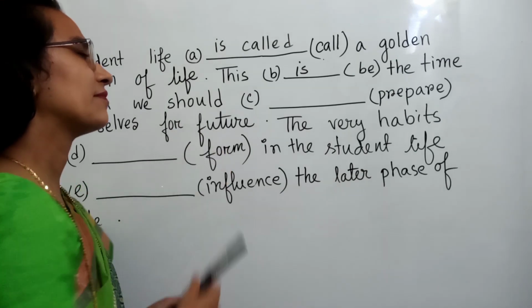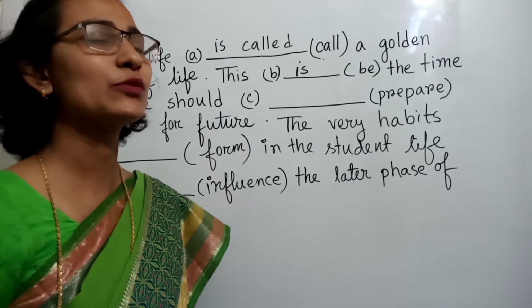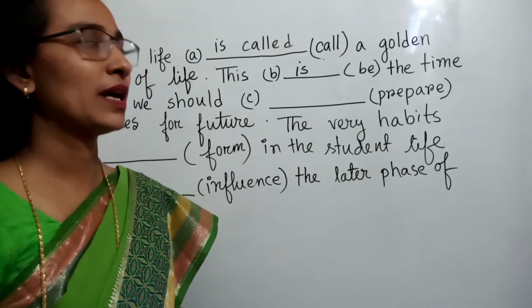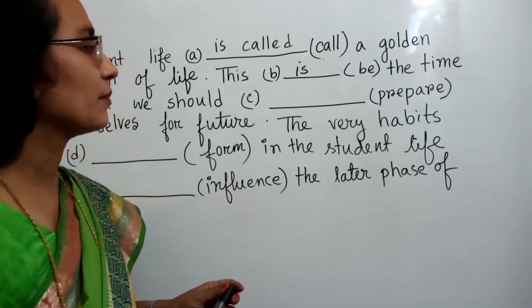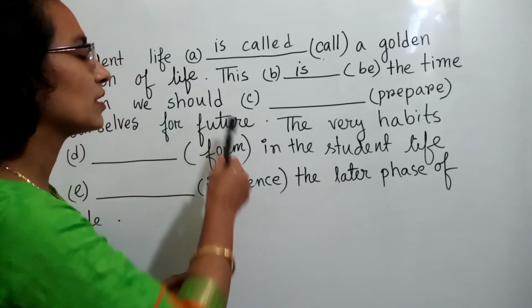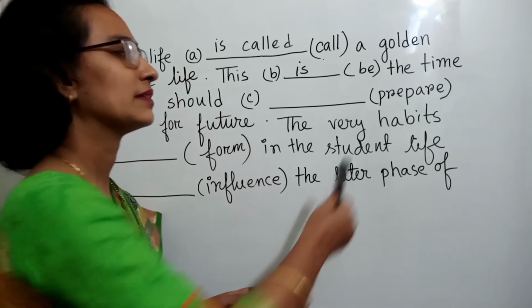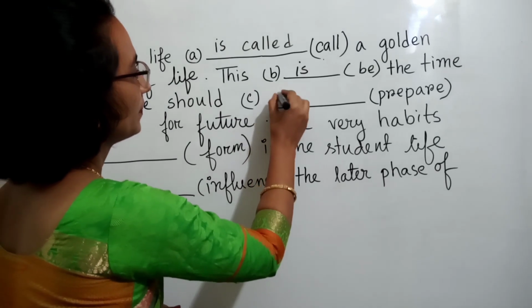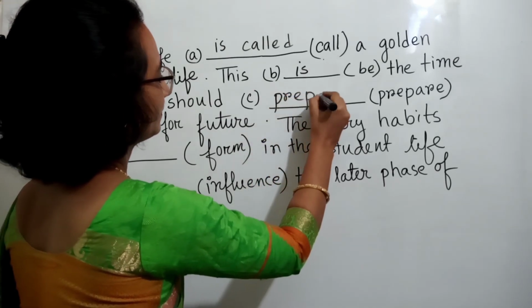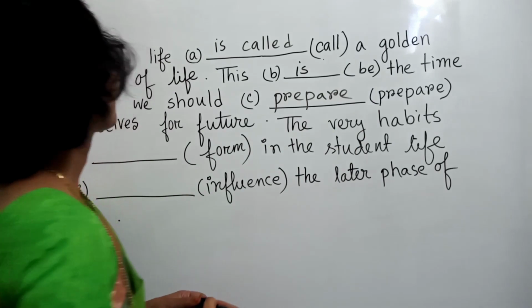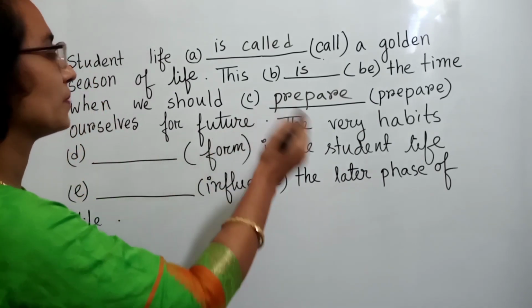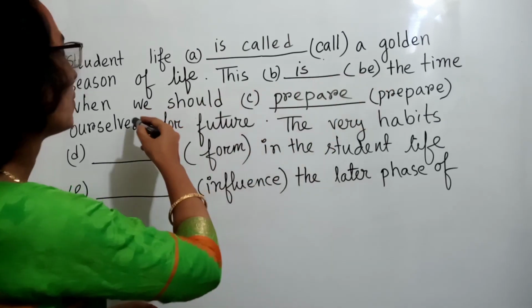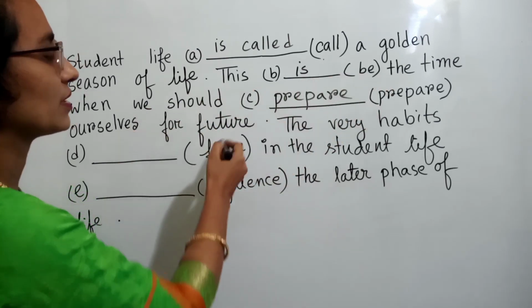After a modal auxiliary verb, modal auxiliary verbs are can, could, may, might, shall, should, will, would, ought to, have to, has to, you need to write the present form of the verb. So here I wrote prepare. This is the time when we should prepare ourselves for the future.